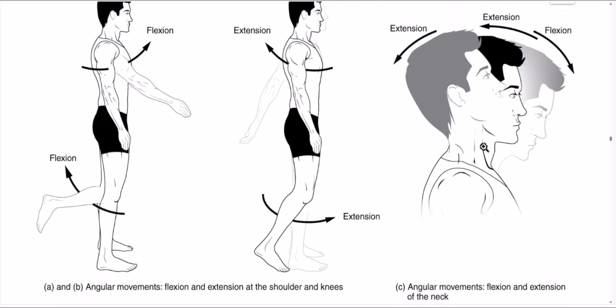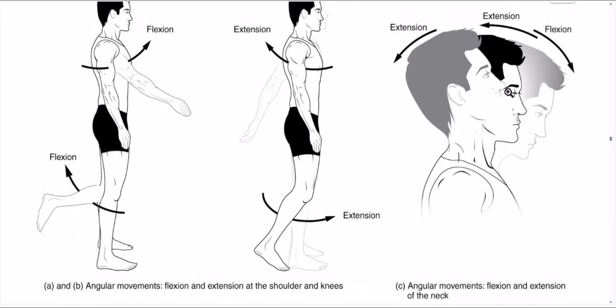And hyperextension, let's look at this particular view here. If the person with the black hair here is in normal anatomic position, as the person looks down, you are decreasing the angle at the neck. That is flexion. As you bring your head back, that is extension. And honestly, this is missing a word.